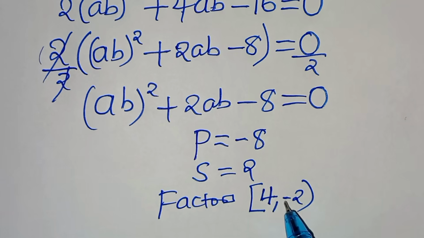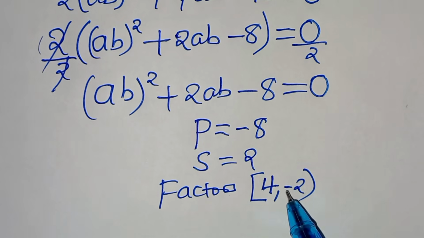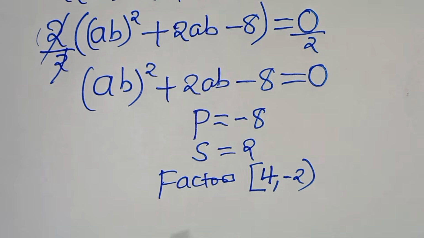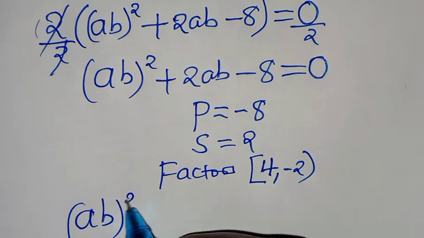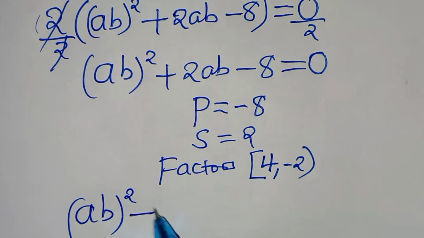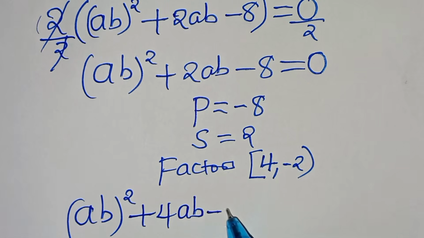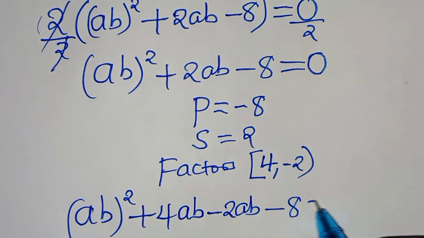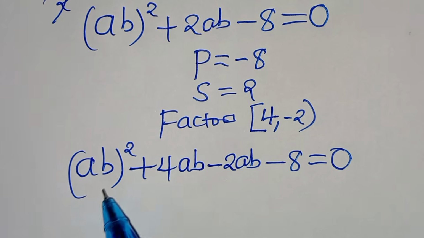If we multiply 4 times minus 2, this is minus 8. Then 4 plus minus 2 is equal to 2. So let's substitute these two factors. We have (ab)^2 plus 4ab minus 2ab minus 8 equal to 0. So we have got two parts here.